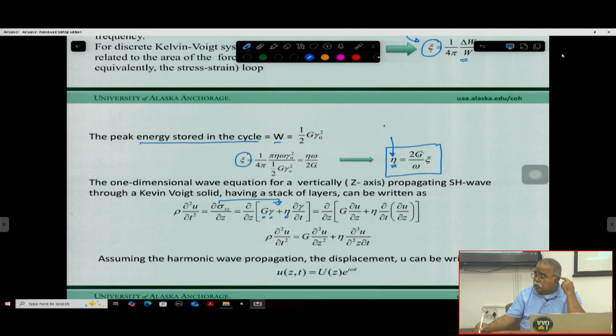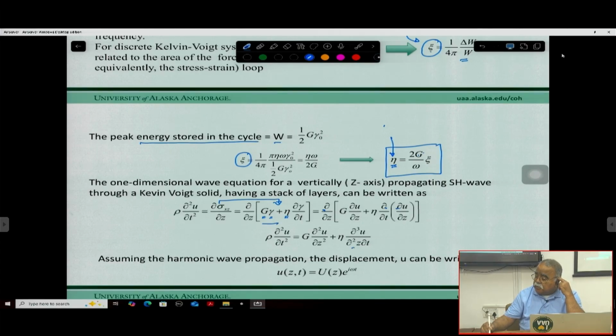If you break these things down, rho into del 2u del t squared equals G into d2u dz squared plus eta into, this will be the d cube u into d2z into dt squared.